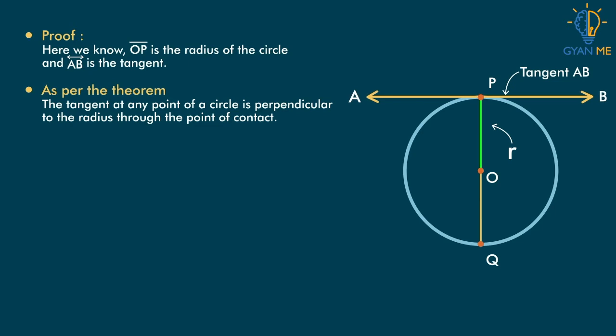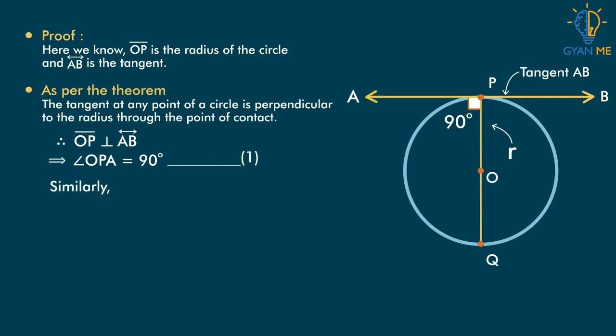Therefore, the radius of the circle and the tangent at that point are perpendicular to each other. That is, OP is perpendicular to AB. This implies that angle OPA is equal to 90 degrees. This is our statement 1.